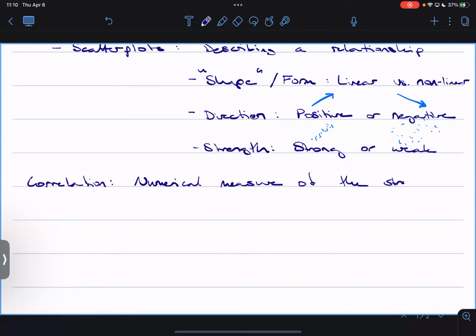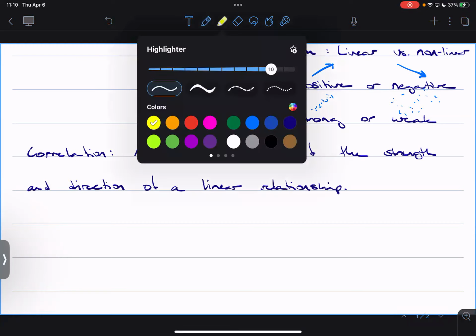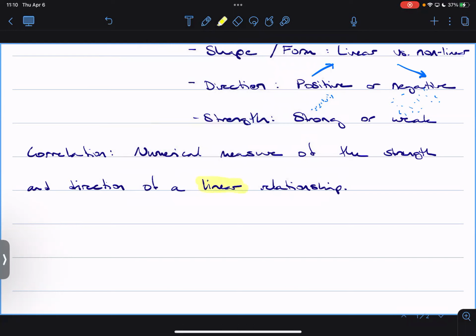This is where I mention that we'll be able to calculate the correlation between any two variables, but it only applies to a linear relationship, right?